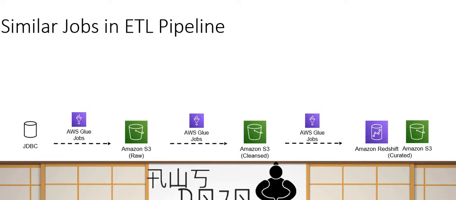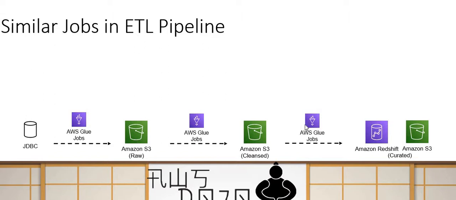When you are building an ETL pipeline, and again I'm taking one of my favorite examples I show in almost all my videos, suppose you are reading from some of your JDBC data sources, and through the AWS Glue job you're populating data as raw data. Then you're using another set of AWS Glue jobs to convert your raw data into cleansed data, and then using another set of Glue jobs to convert your cleansed data into your curated data.